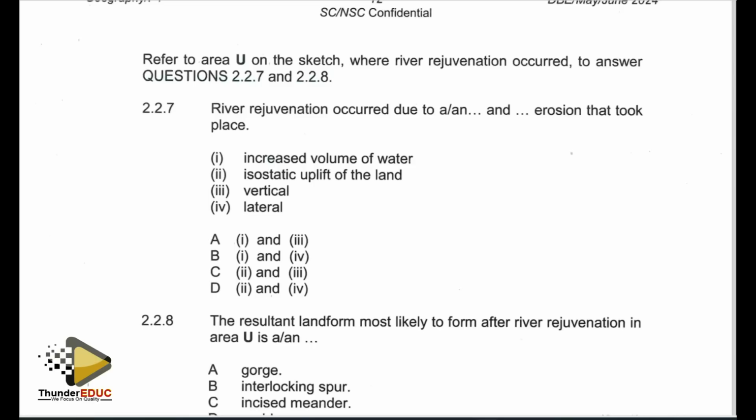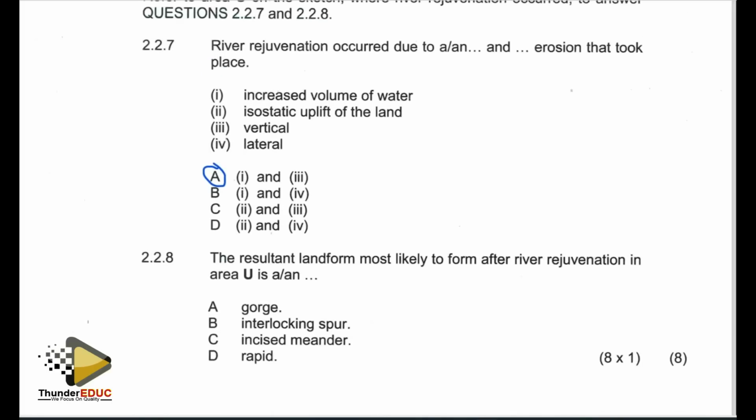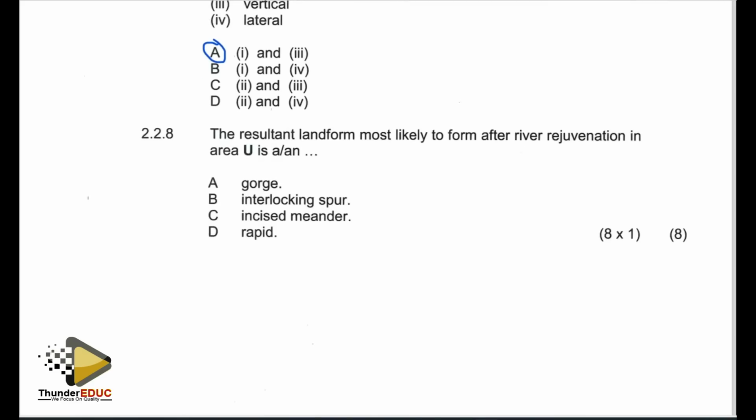Increased volume of water is item number 1 and vertical erosion is item number 3. 1 and 3, which means the correct response there should be response A. Right, we move on to the next question.